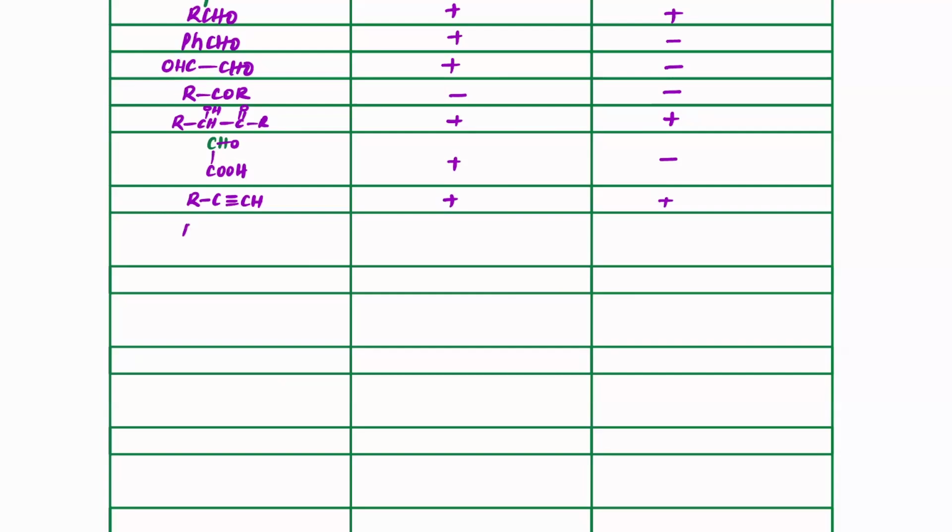And if you have hemiacetal, RCH with OH and OMe, positive, positive. In case you have RCH with OMe and OMe, that is acetal, negative, negative. In both cases, it will be negative.